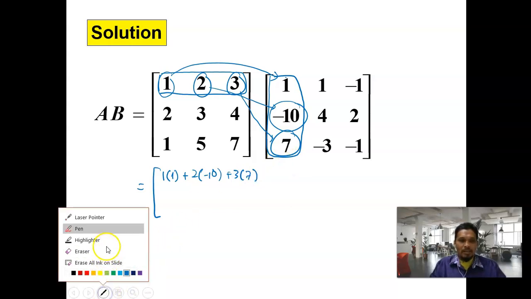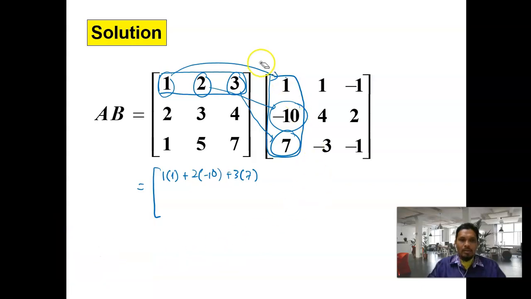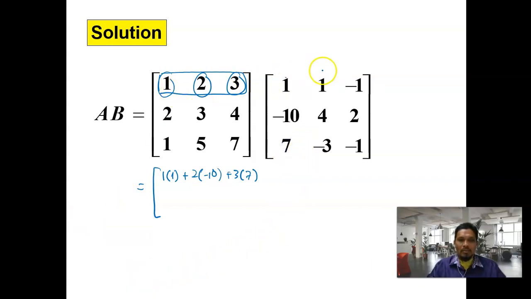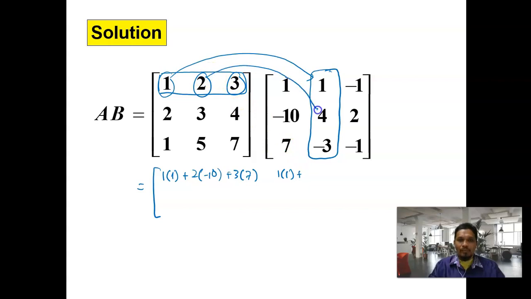Then we operate between the elements in row 1 again with the second column: 1 multiplied with 1, plus 2 multiplied with 4, and 3 multiplied with negative 3.